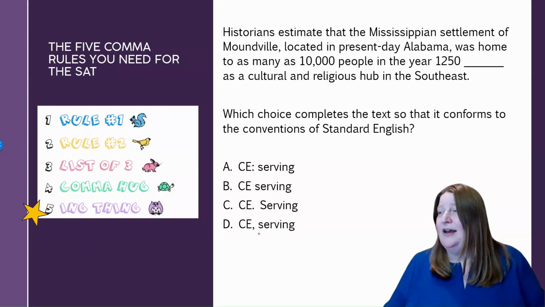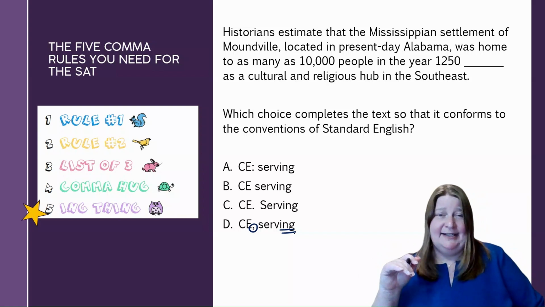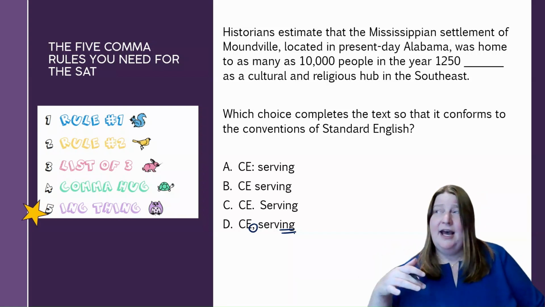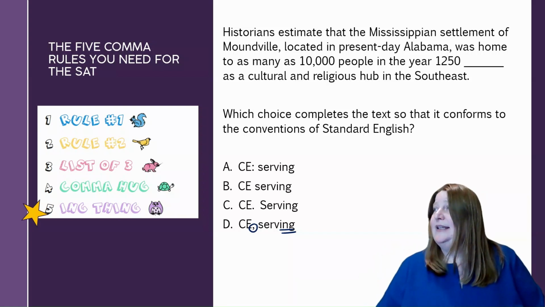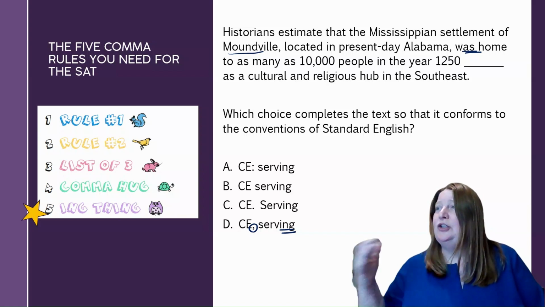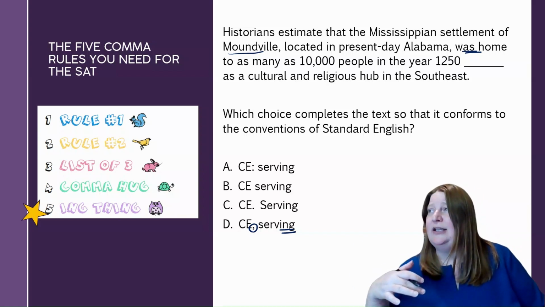Okay, hopefully you had a chance to give it a try. We have a comma with an ing word. I just have to read that again and double check that this really is a phrase after that comma and not a full sentence. So let's see. "The Mississippian settlement of Moundville was home to 10,000 people in the year 1250 CE, serving as a cultural and religious hub in the southeast."